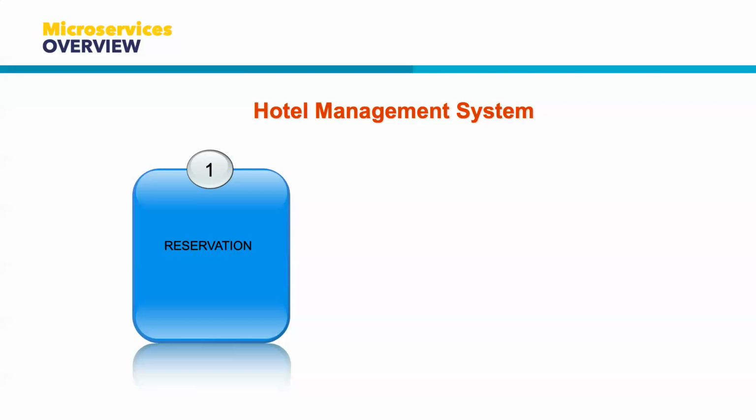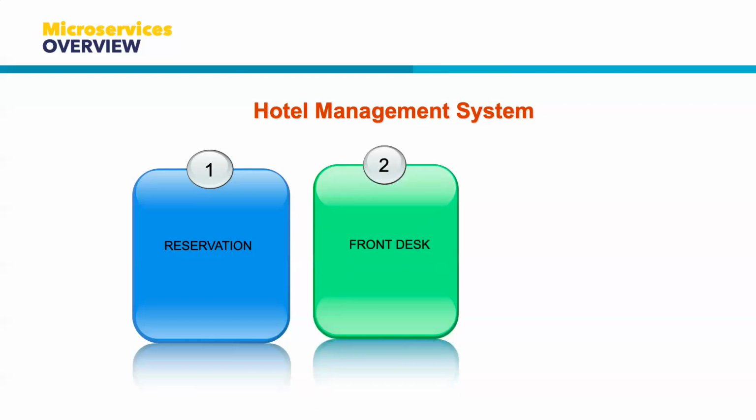But let's just see the overview of a hotel management system. So we have the reservation. We also have the front desk system. Front desk system is when you check into the hotel, you will be assigned which room number you will be given, what kind of accommodation will be assigned to you, or whether you have access to the lounge. This will be handled by the front desk.